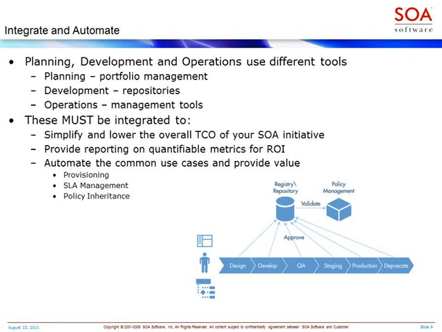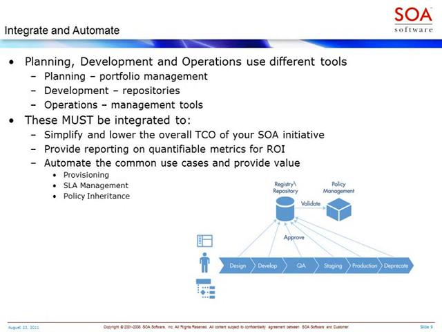So if you can integrate your systems and you can automate a lot of your processes, that has two benefits. The first one is it lowers the cost of the initial development and deployment activity, and it also reduces the risk of any kind of failure in your production environment.